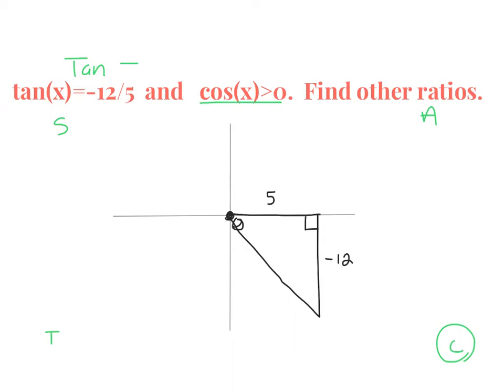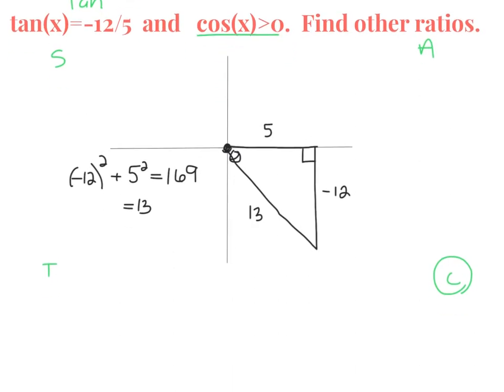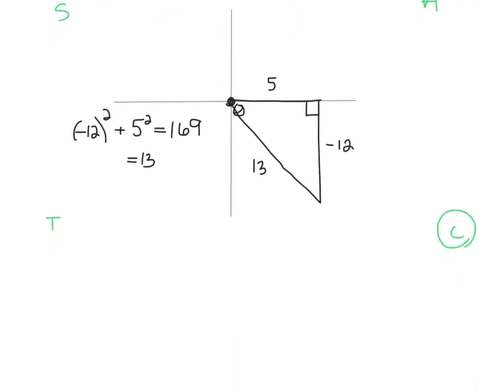From there, we can use Pythagorean theorem, which means that the hypotenuse is 13. Once we get that, we have all three sides, then we can set up our 6 trig ratios. Sine of your angle is opposite over hypotenuse.